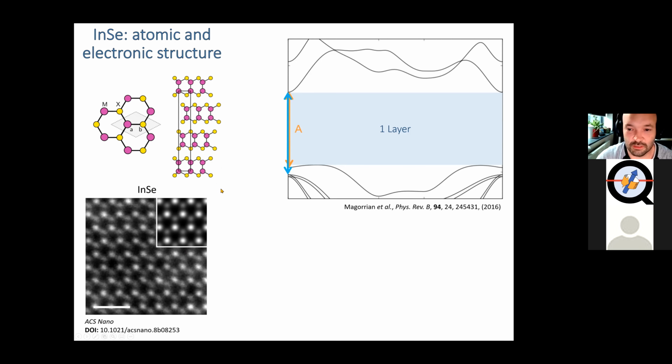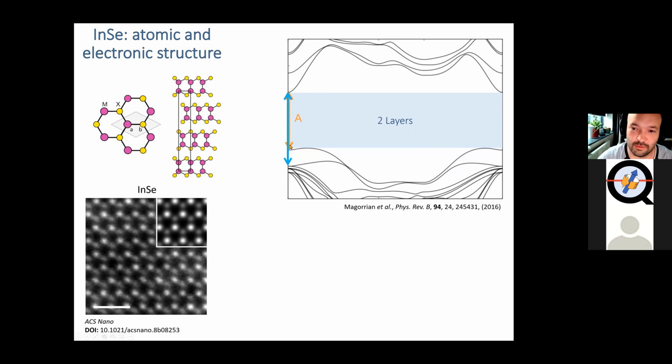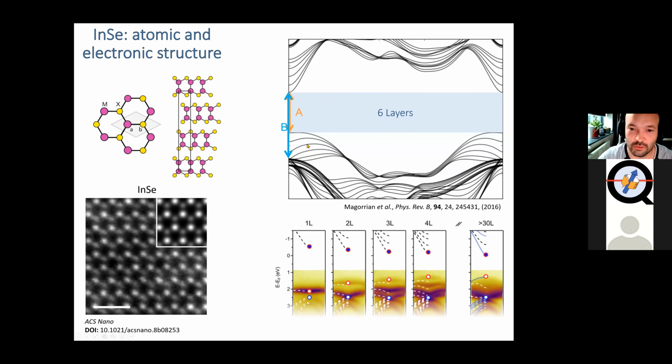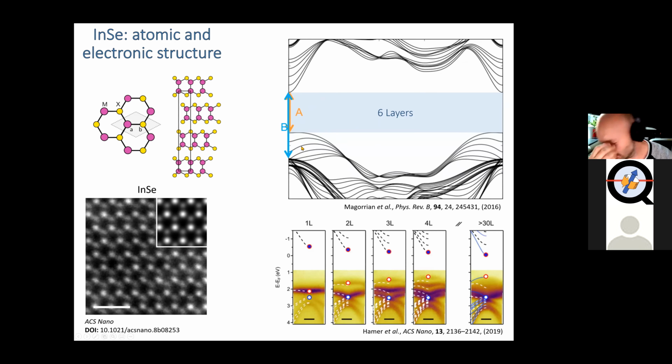Optical properties are also interesting. As you would expect, the band gap increases as the material gets thinner. So for monolayer, you can see the band gap, bilayer 3.6. So the band gap for bulk, I think, is about 1.1 eV, and it increases to about 2.7 for monolayer.